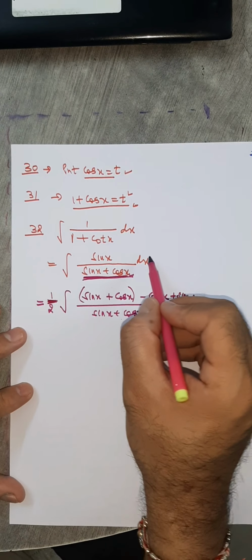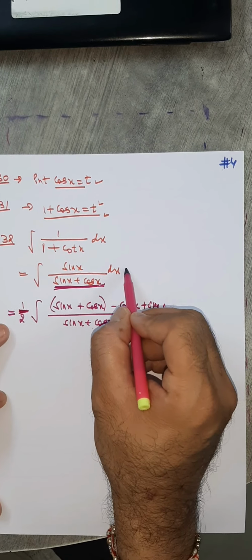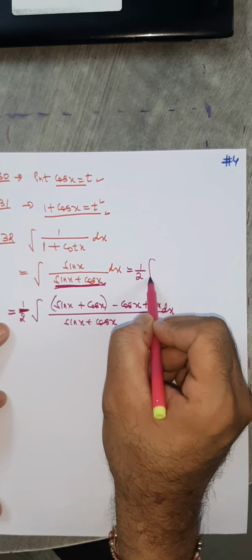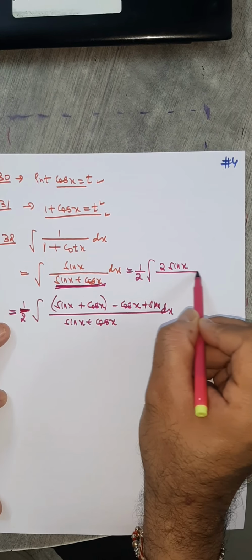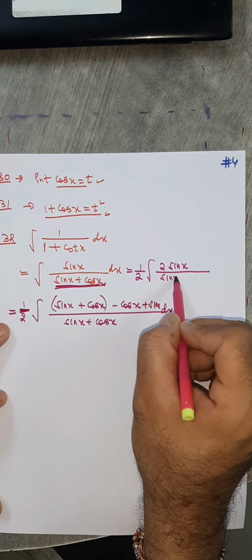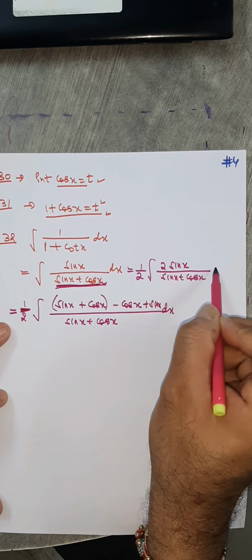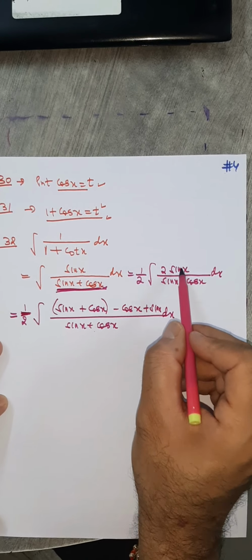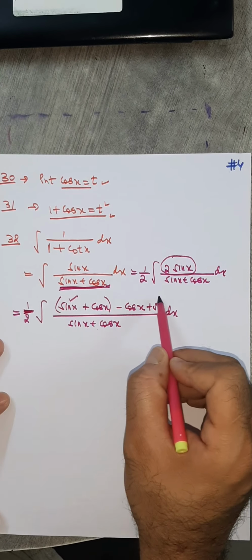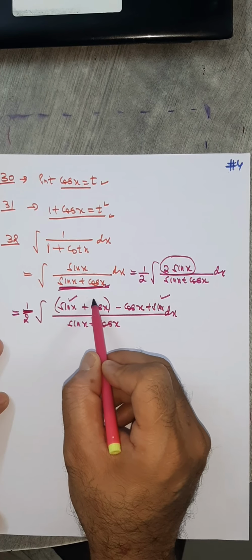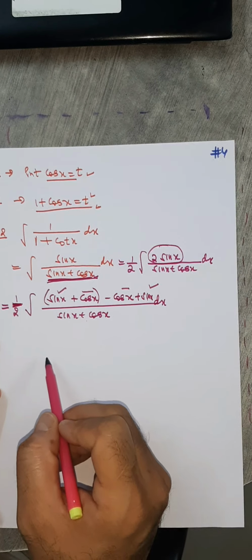If you want, you can do an intermediate step like this here. I can write 1 by 2 into twice sine x upon sine x plus cos x, the whole dx. Now here you can see that twice sine x, you can write sine x plus sine x, adding cos, subtracting cos.